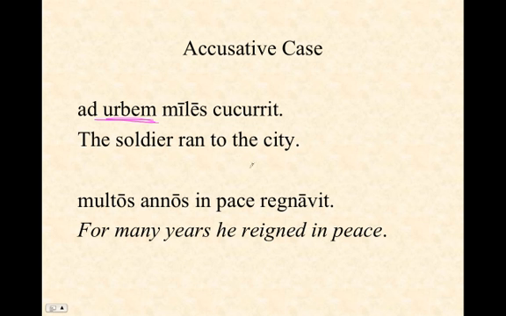Multos annos in pace regnavit. For many years he reigned in peace. And so accusatives of words denoting time can mean time of duration. There's another tutorial that will go into much more depth on other uses of the accusative. In this tutorial, we will focus only on the direct object use.